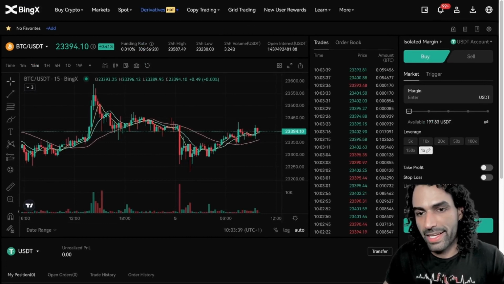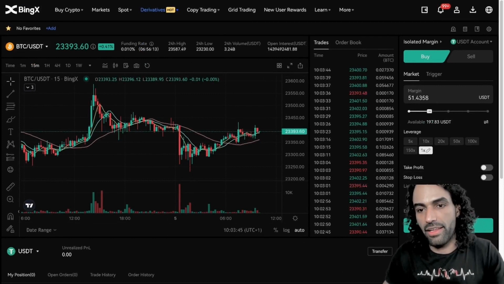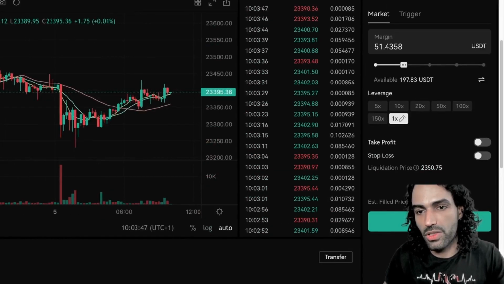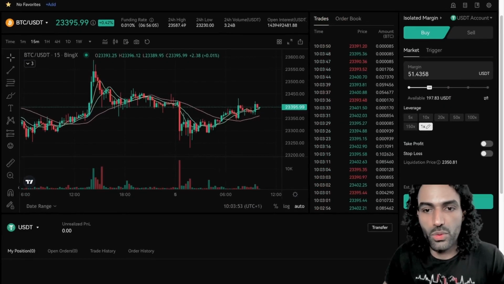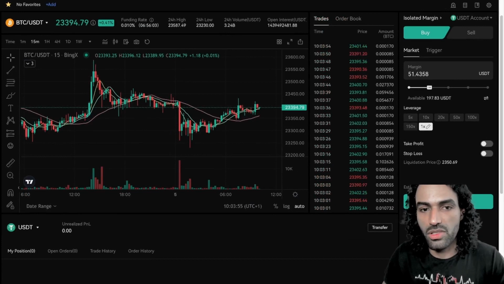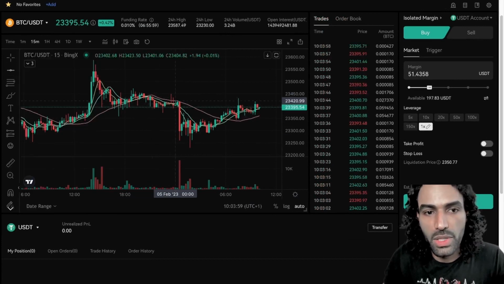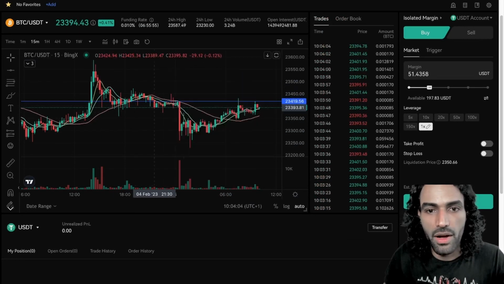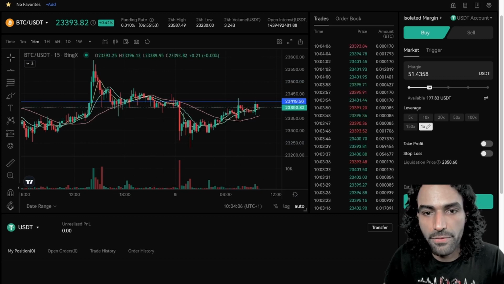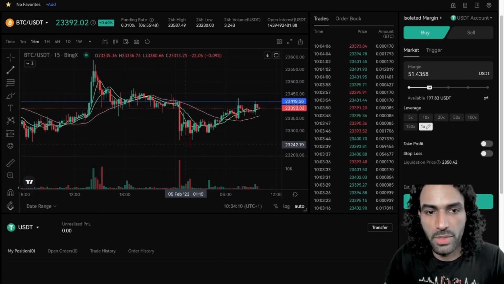So let's go back again and try to open a position for Bitcoin USDT, and leverage is 1x. Of course, you can make it even 150x. If we want to set take profit and stop loss, we can first see the chart. You see here that we have a breakout zone for Bitcoin around 23,400, and we got some trend forming at the moment.